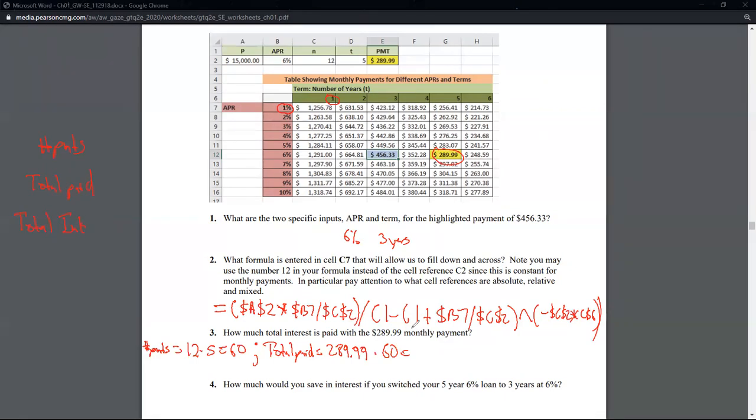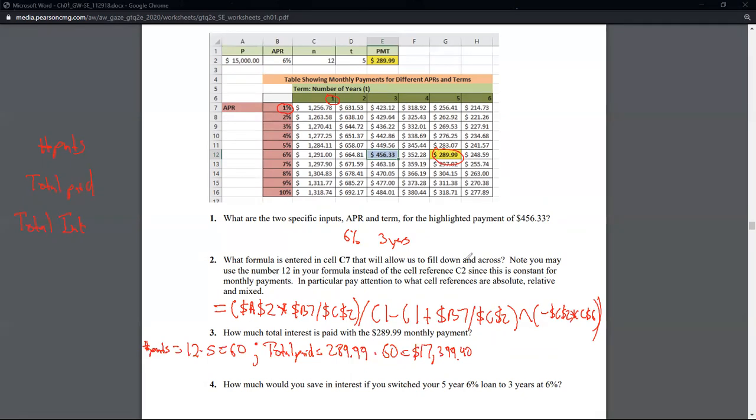And I don't want to have to keep taking annotate off, so I'm just going to do it as a calculator. $289.99 times 60 off the screen, and that's $17,399.40. So that's how much we pay the loan company, the bank, the car dealership, whoever we borrowed from.